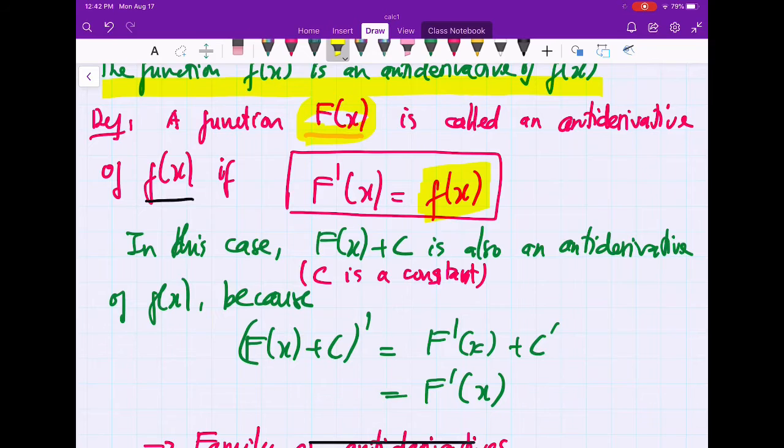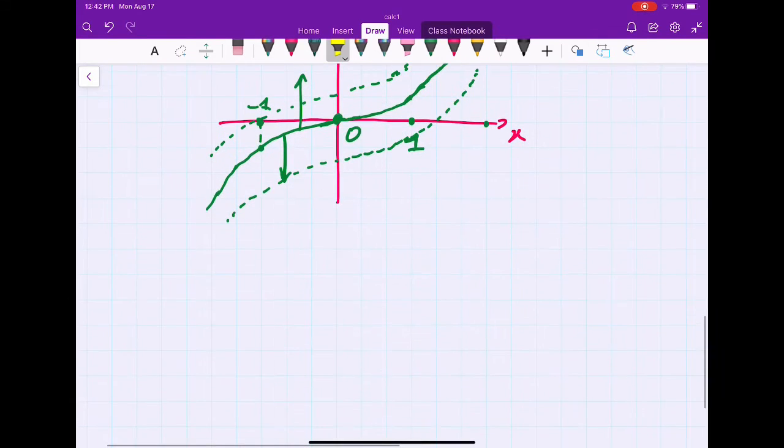What is differentiation? Differentiation means you have the function and you want to find the derivative, right? And now you know the derivative and you want to recover the function. So this is called anti-differentiation or indefinite integration.